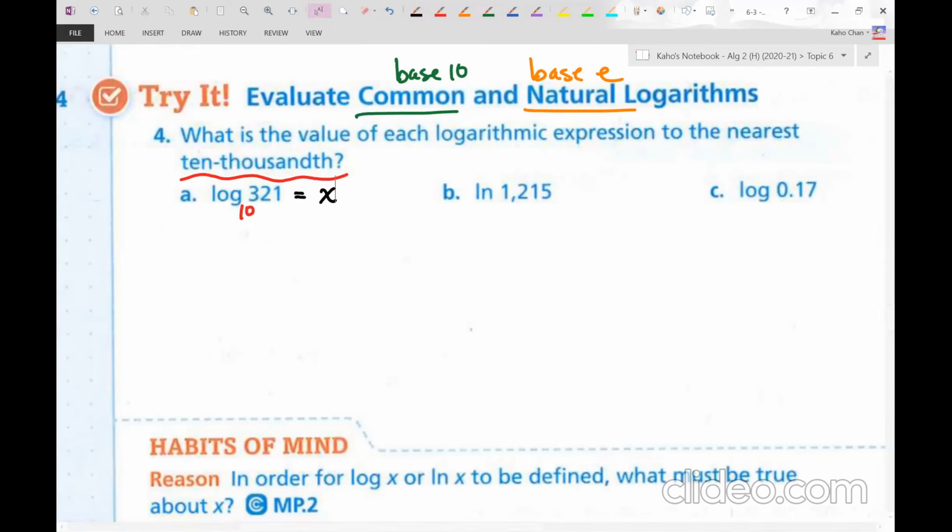Well, let's go ahead and break out our calculator and punch that in. Here we go. So I need to find the log of 321. Let's do it. I think I have to punch this in backwards. 321 log. There it is. 2.5065. Great.